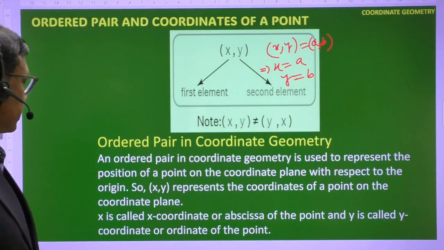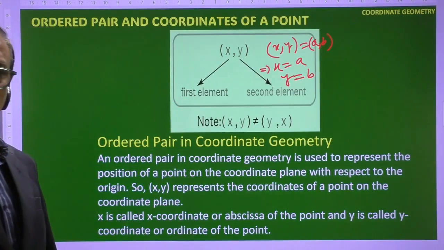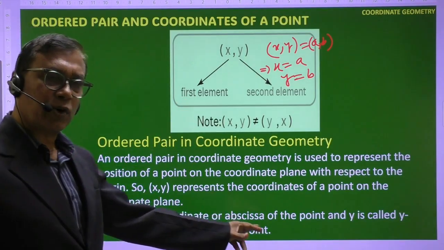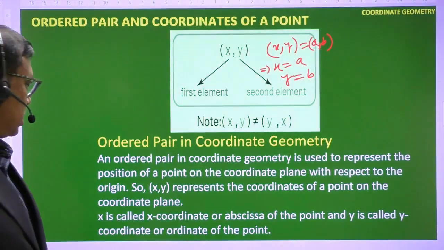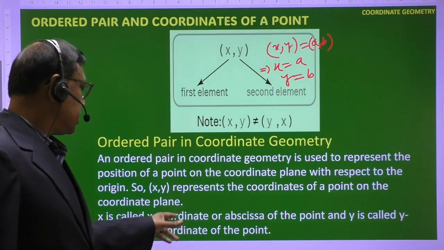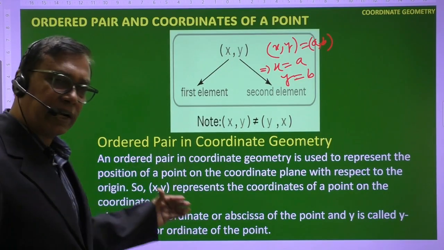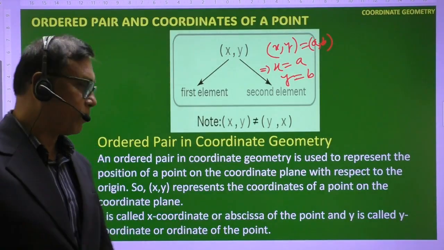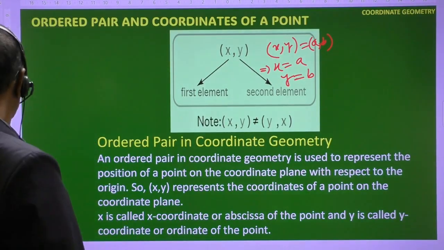Is it clear? And the first element x is called the x coordinate of the point, which is also known as abscissa, and the second element y is known as y coordinate of the point, or it is also known as ordinate of the point. Clear?